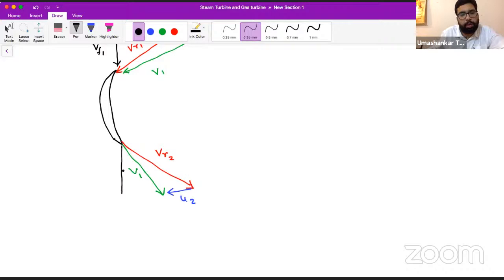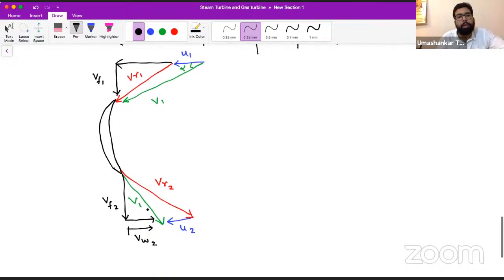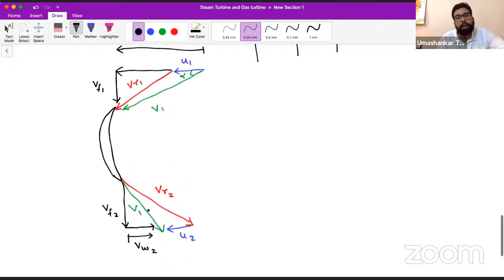We have explained all this in the previous session also. This was VF2, and this was VW2. So we have VW1, VF1, and all the velocity triangles have been made.